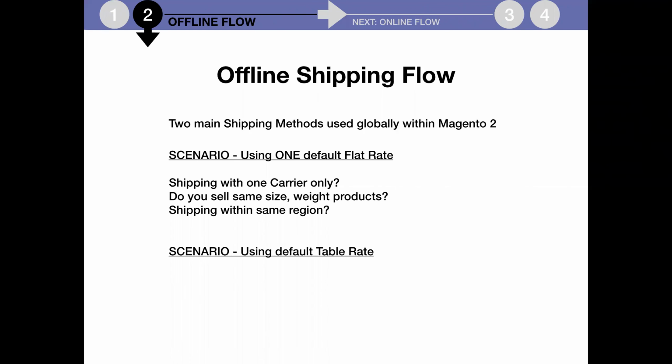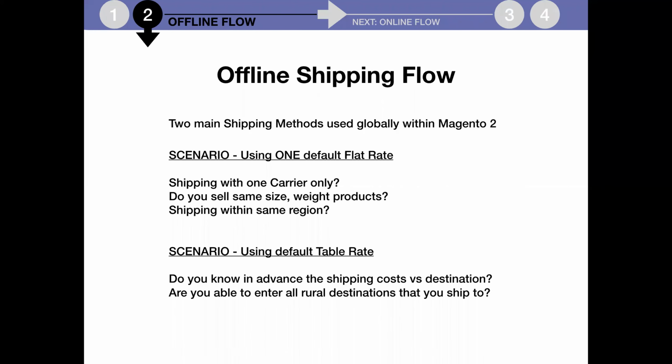And if you would like to use table rate, do you know in advance all the shipping costs and variations for the shipping services versus the destination that you're shipping to? You will need to know that and populate the table data with this information.